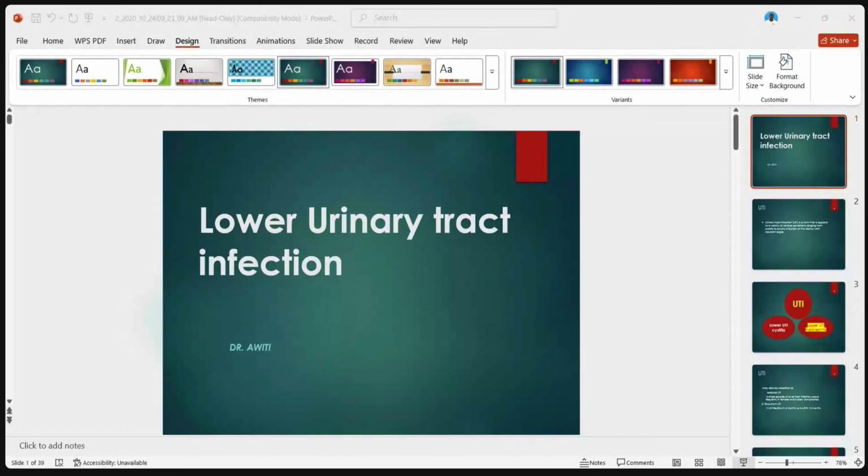Okay. That's the areas of the urethra. Yes, and urethra and the like. Good. Anyone else?